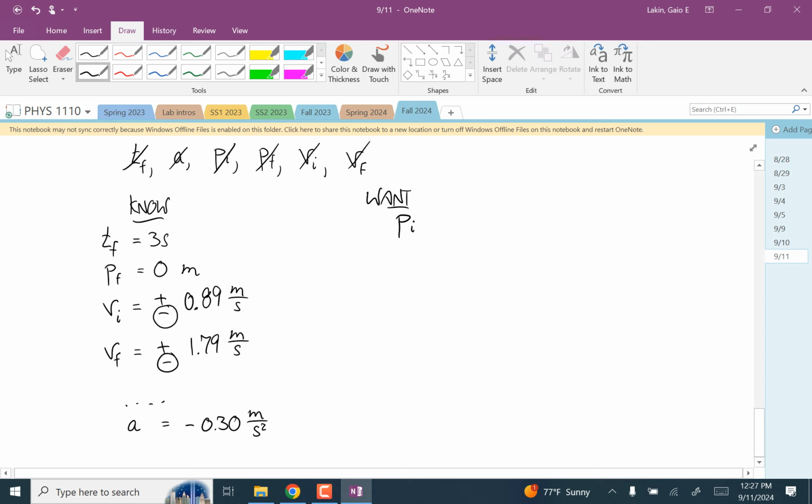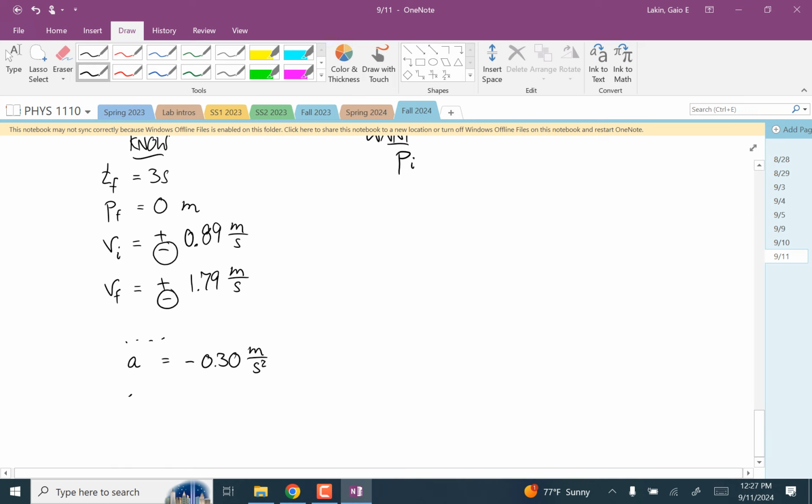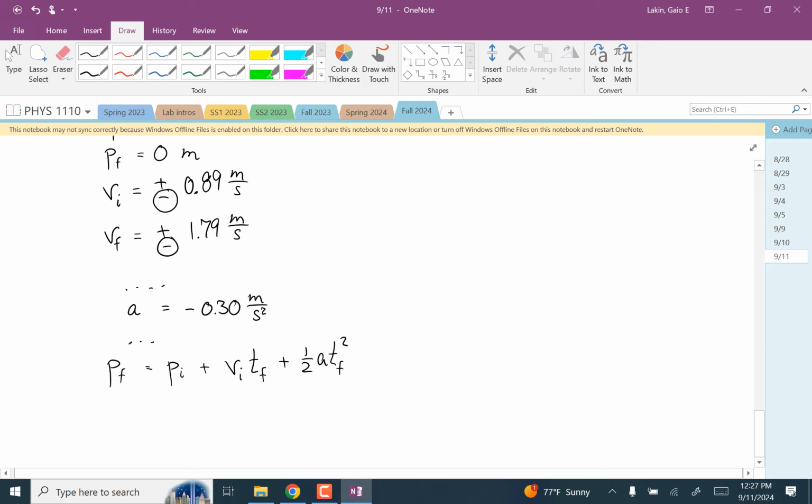Okay. But notice that if you drew an arrow in the direction of the acceleration, it would be in the same direction. That arrow would be in the same direction that it was in the problem we just did, because negative now means what positive used to mean. Okay, and then now that you have that, you can use this equation. PF is equal to PI plus VI TF plus 1/2 A TF squared.